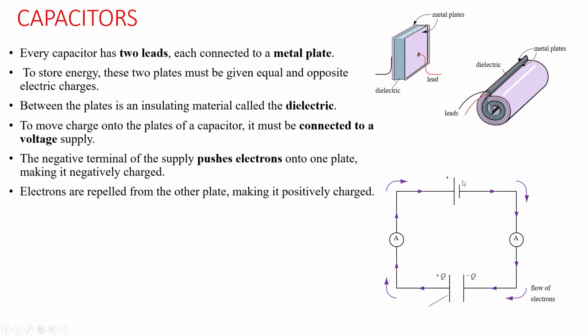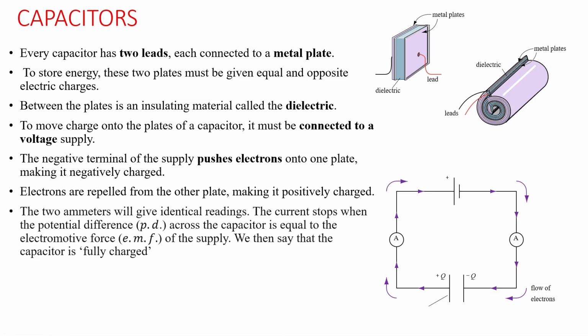So when electrons are provided to one plate of the capacitor, the other side of the capacitor will have a shortage, a lack of negative charge. So logically, on the other side of the capacitor, there would be an excess of positive charge. The two emitters will give identical readings.